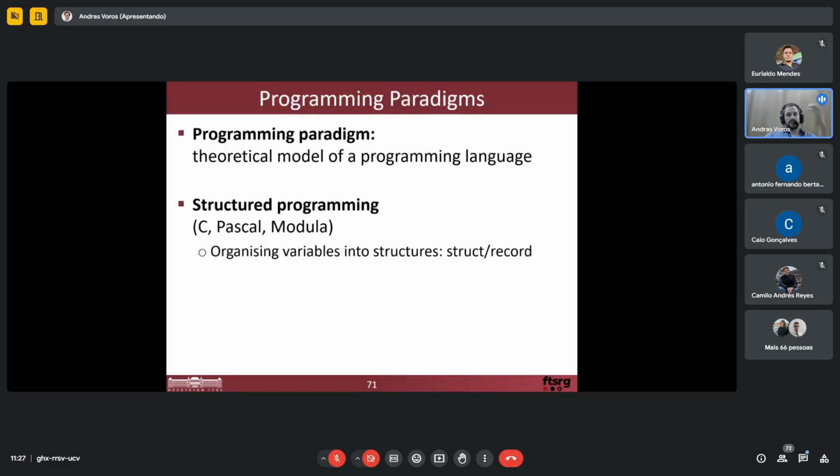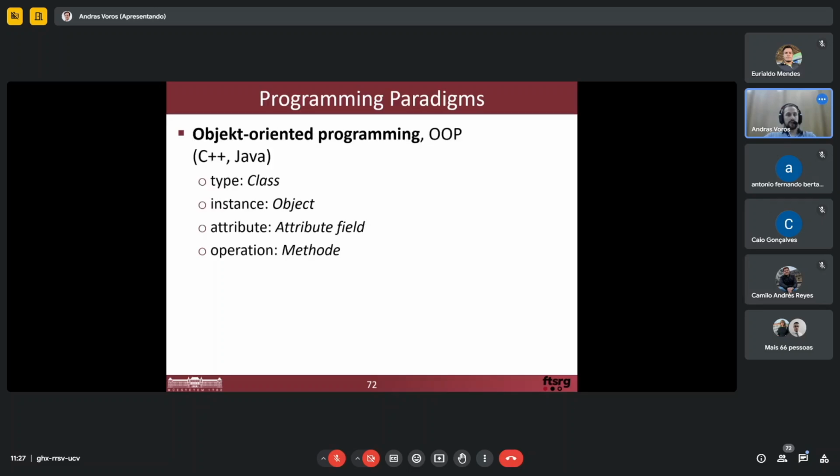So if you consider programming, then it is present in programming paradigms, which are actually the theoretical model of a programming language. So you can use structured programming, and for example, you can organize variables into structures. And that's a kind of type information. And then you can use the structures during the runtime of the program.